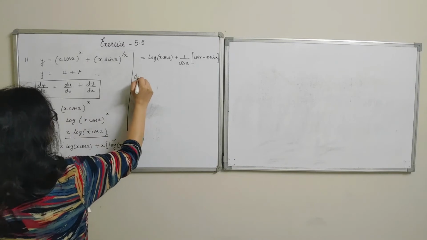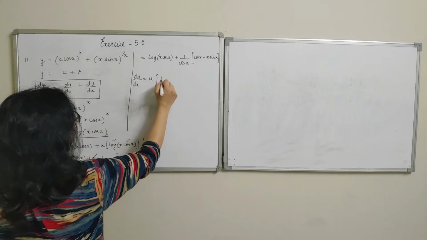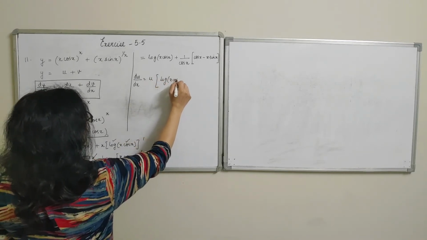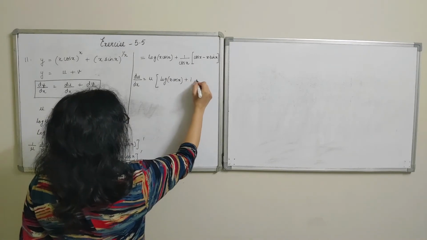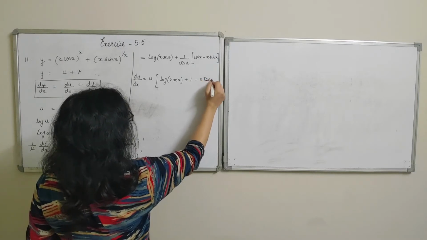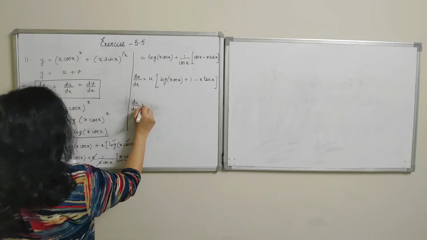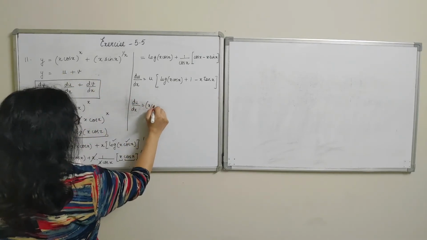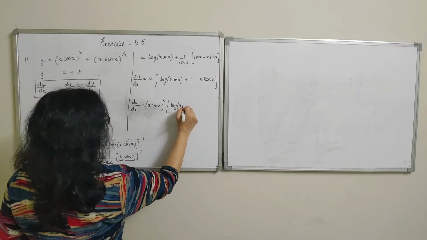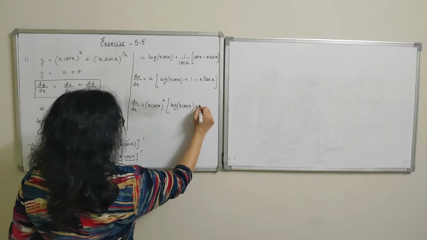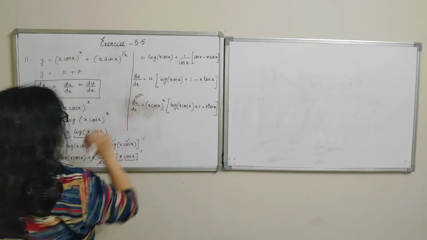So finally what is du by dx? du by dx is u times log x cos x, and here if we multiply the bracket by 1 by cos x, we get plus 1 minus x tan x. Replacing u, it is this expression, x cos x power x into log x cos x plus 1 minus x tan x. So du by dx is obtained.